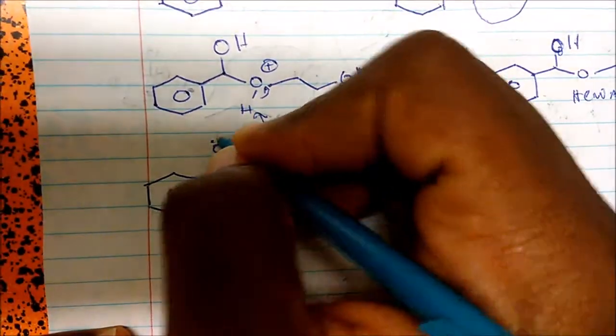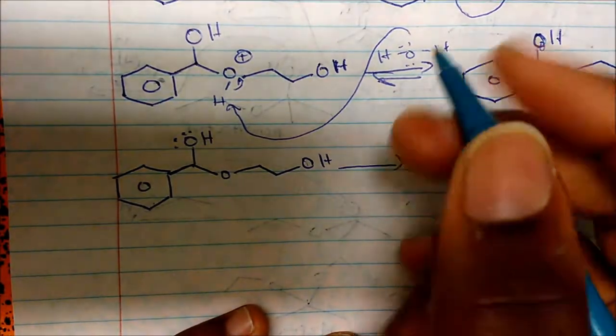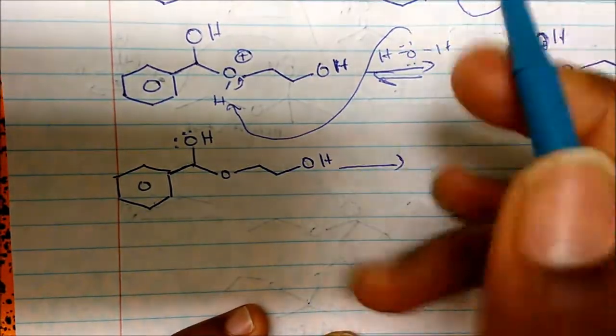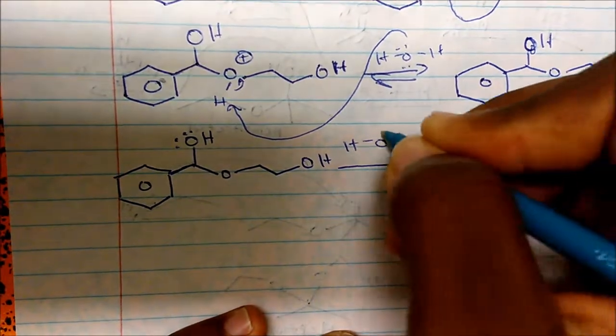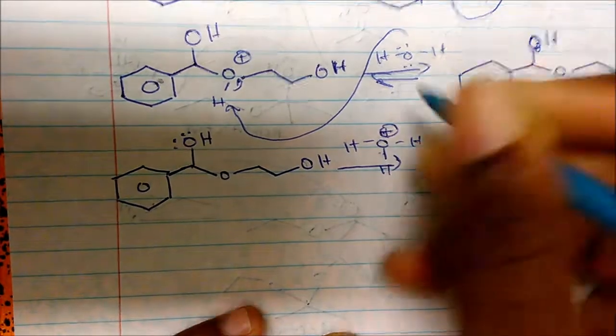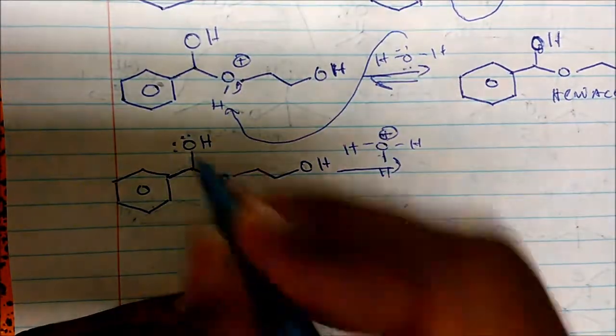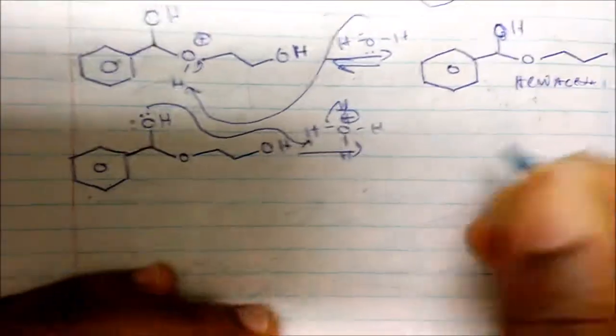Okay, now we formed water in solution previously. Sorry, acid in solution. So this oxygen will come in and take off one of those hydrogens and reform water in solution.